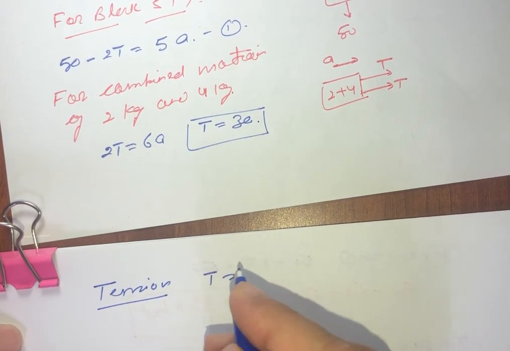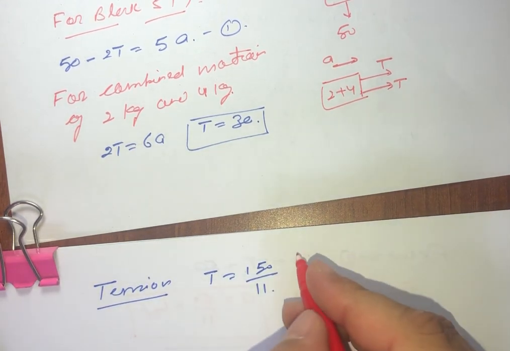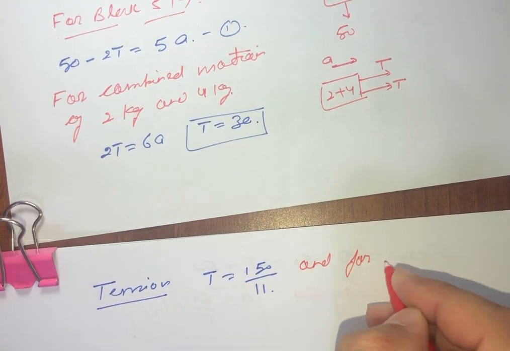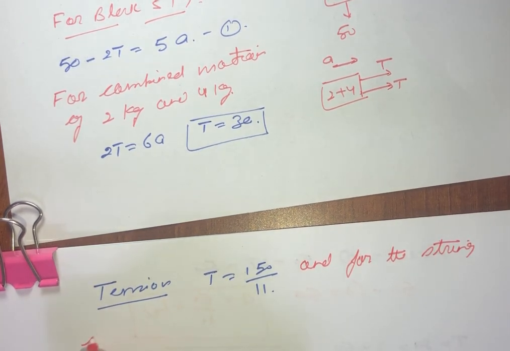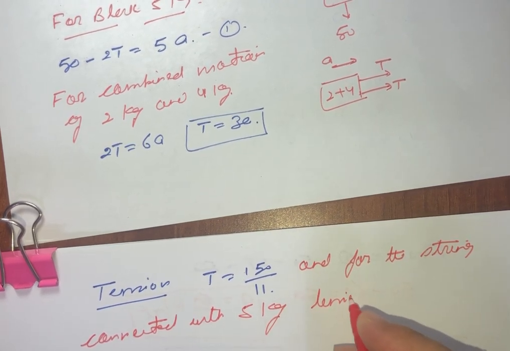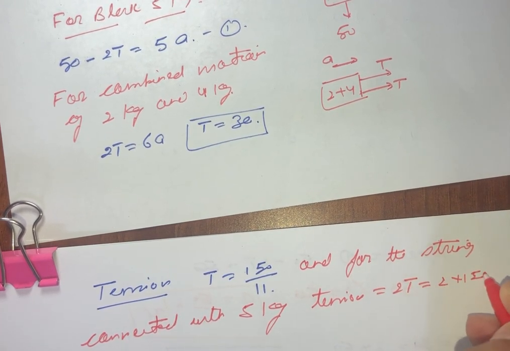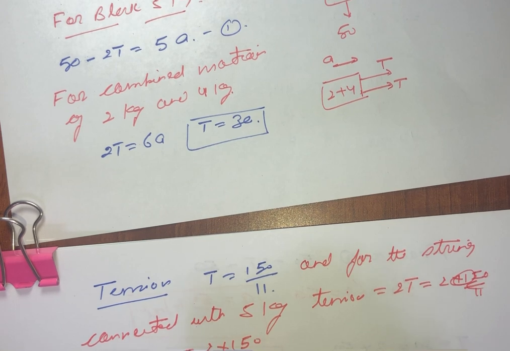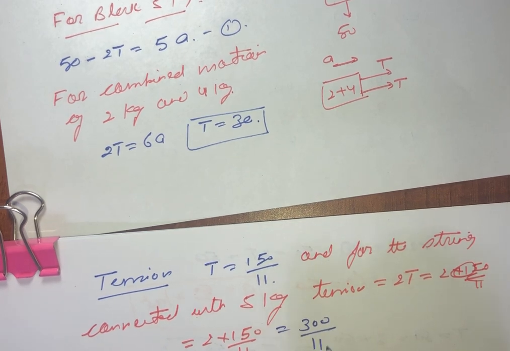We get T as 150 by 11, and for the string connected with the 5 kg block, tension will be equal to 2T, that is 2 into 150 divided by 11, which will be equal to 300 by 11.